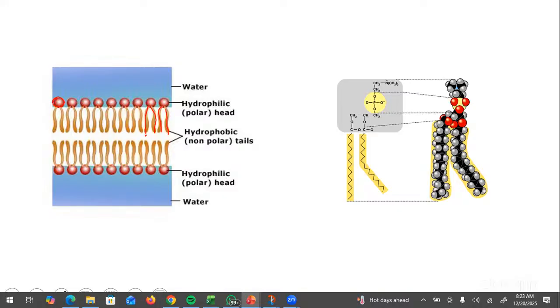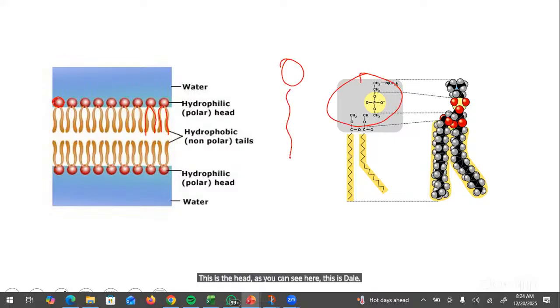Based on what I just did earlier, this is the head, and this is one of the tails. The other tail is usually made up of a cis double bond, which forms what is called a kink.